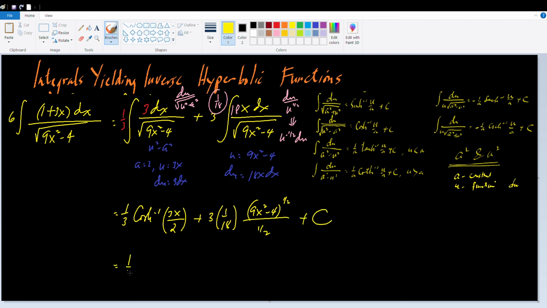So our answer is 1/3 inverse hyperbolic cosine of 3x over 2 plus 2 goes up times 3, that will be 6 over 18, and that is 1/3. And 9x squared minus 4 to the 1/2 is the square root of 9x squared minus 4, plus c.